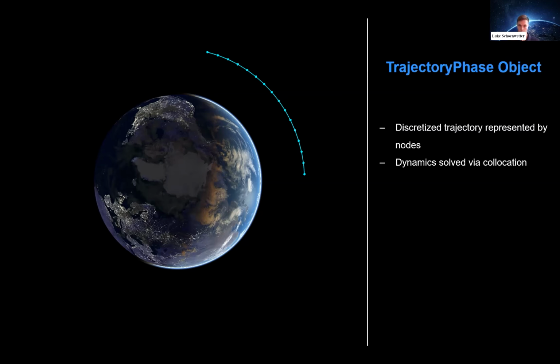These trajectory phase objects hold that information at a discretized interval. And the things that make up the discretization are called nodes. Those nodes are visualized in this frame as those little dots along the trajectory. What this allows us to do is decrease some of the problem sensitivity, as opposed to solving the problem via integration. We can now use these nodes to solve using collocation.